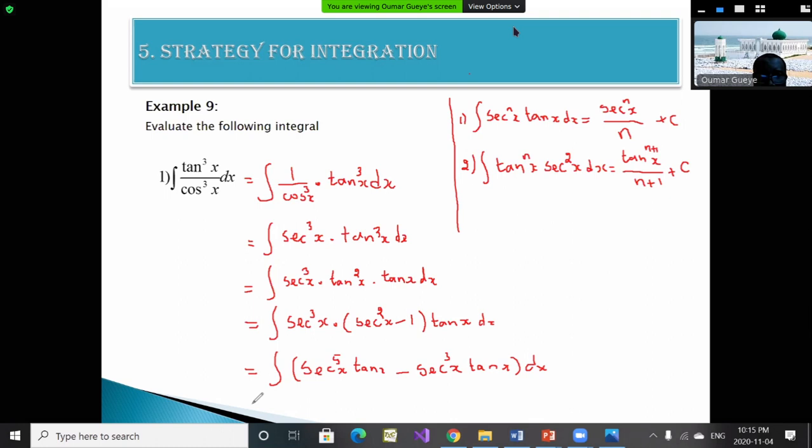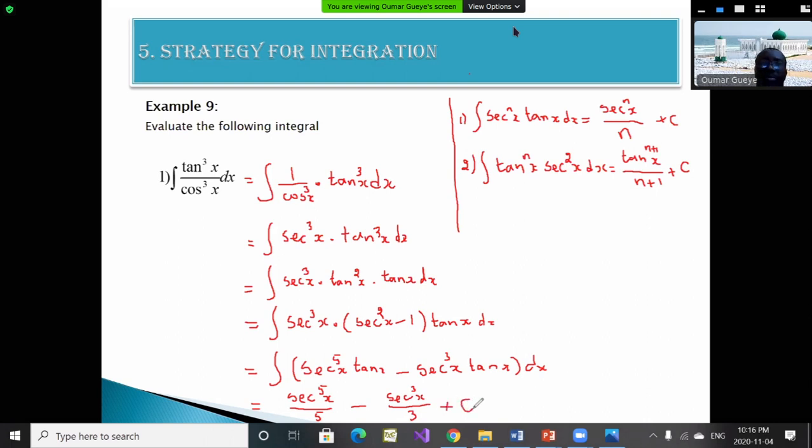So you can conclude now, if you memorize the formula, it's going to be just secant to the power of 5 over 5, I'm just applying number 1 when n equal to 5, minus, you apply again when n equal to 3, secant cube of x over 3, plus now the constant c, and we're done.